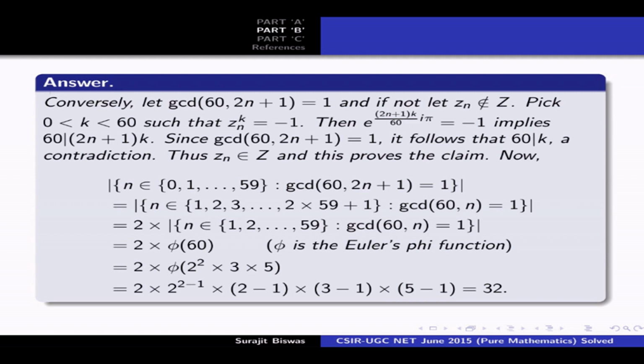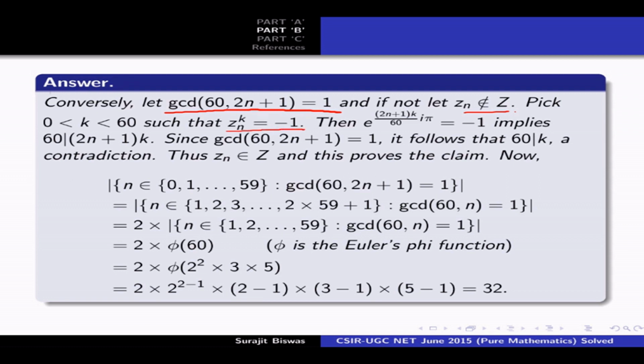Conversely, let GCD of 60 and 2n+1 equal 1, and if not, let Zn not belong to Z. But Zn is already a 60th root of minus 1, so Zn not belonging to Z means that there exists k strictly between 0 and 60 such that Zn to the power k equals minus 1.